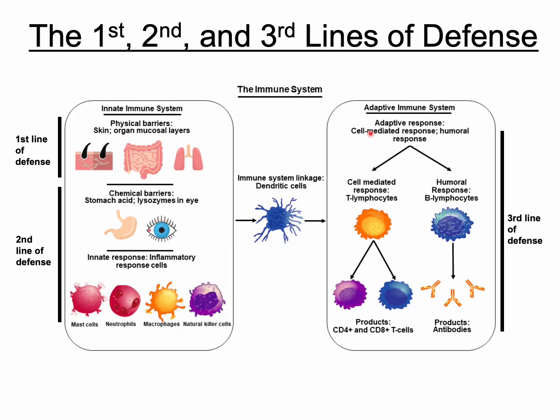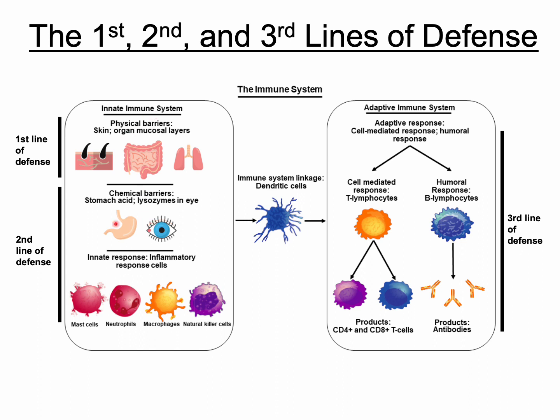So our immune system is broken down into the branches of the innate and the adaptive immune systems, but we can also think of it in terms of lines of defense. So there's the first, second, and third line of defense of our immune system. And this will come in handy as we go through, just so you can keep track of which immune system we're talking about. The first and second lines of defense are part of our innate immune system.